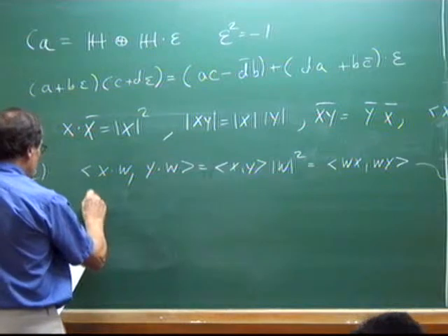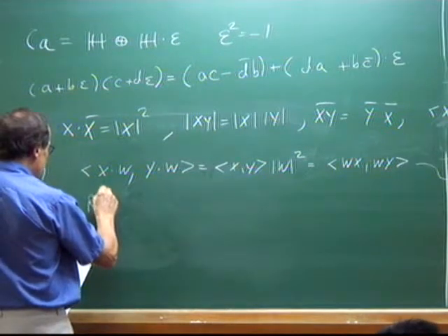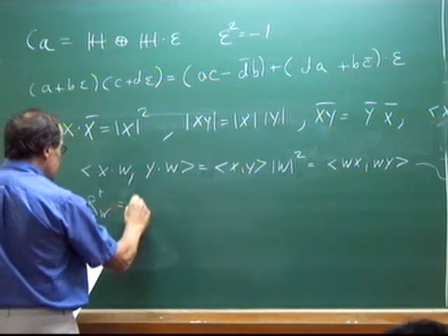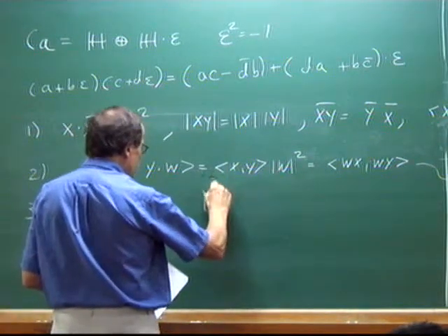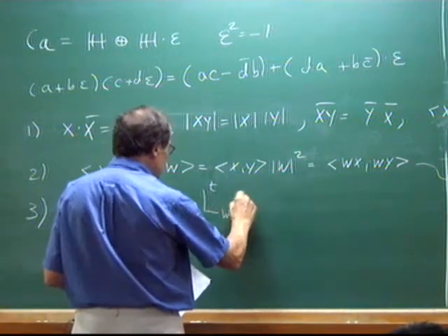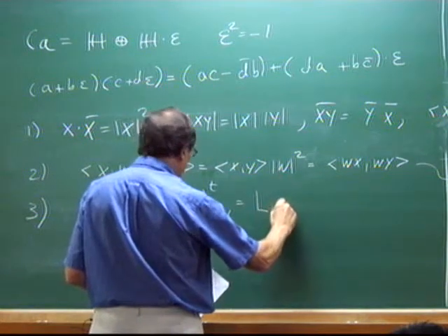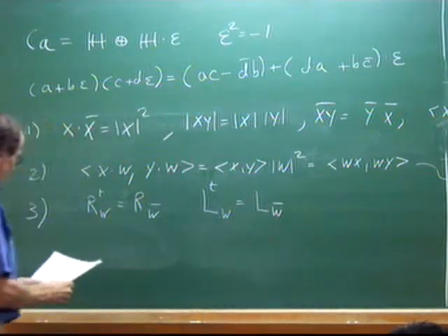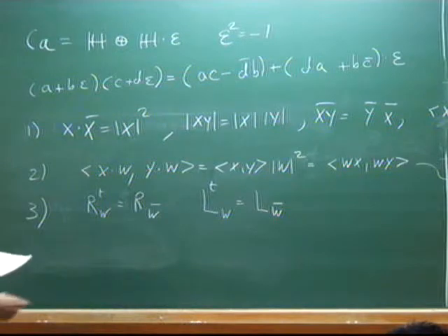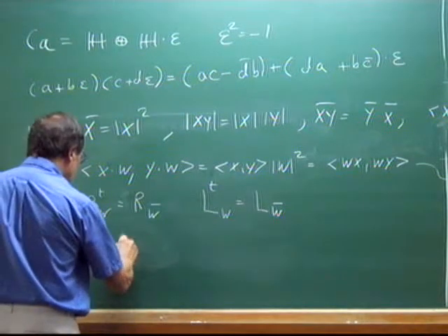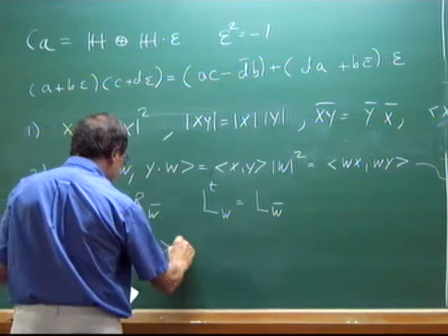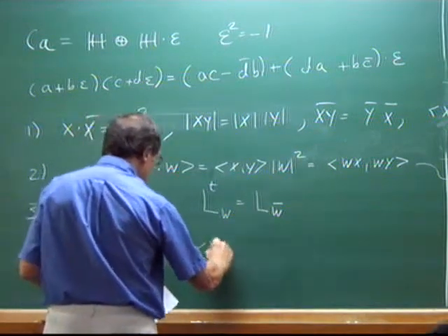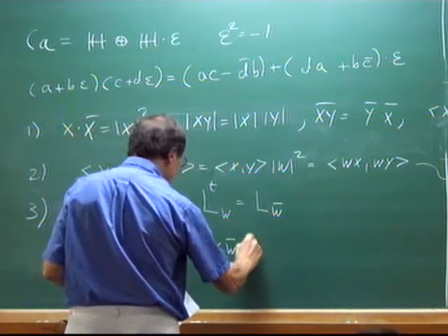Next is that the transpose of right translation by w is right translation by w bar. The transpose of left translation by w is left translation by w bar. So let's write that down as an equation. So if I multiply with w on the right here, that's the same thing if I bring it inside, but conjugate.